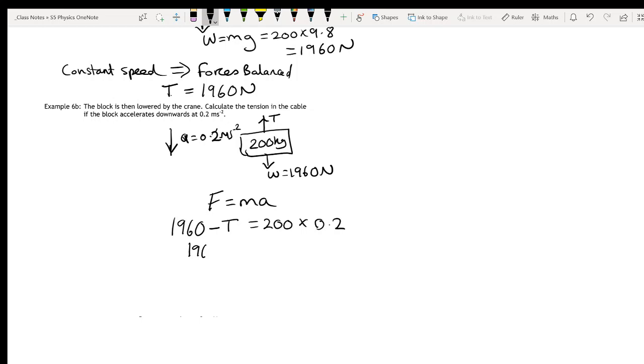So 1,960 take away T is going to be 40. So the tension is going to be 1,960 take away 40, so 1,920 newtons. Which makes sense. If it's going down, the downwards force will be bigger than the upwards force.